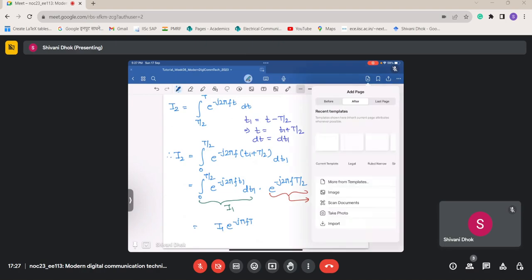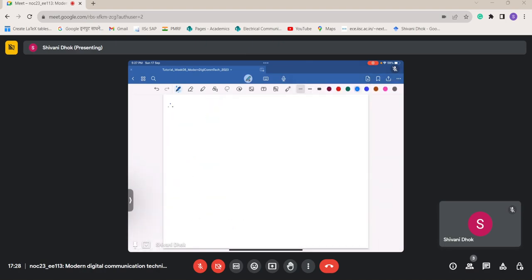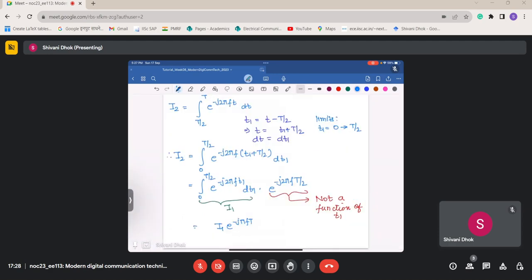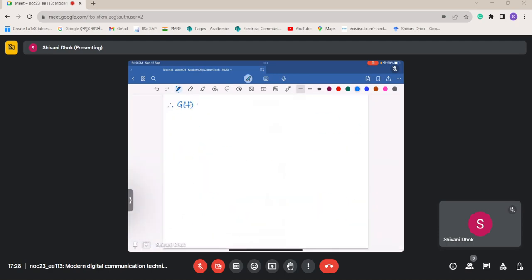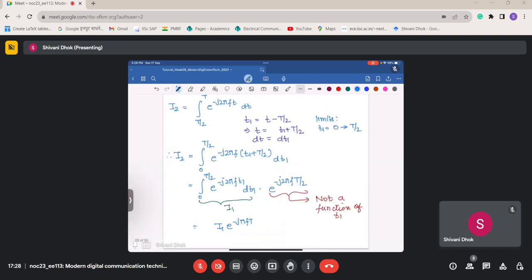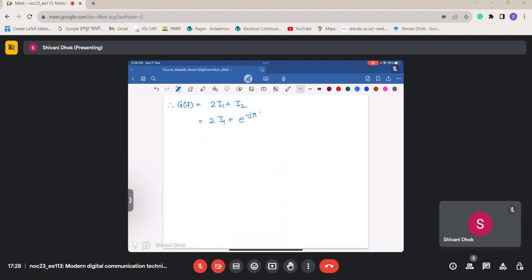Okay, so what we have is this G of f is equal to 2 times I1 plus I2, which comes out to be 2 times I1 plus e power minus j pi f T times I1, that is 2 plus e power minus j pi f capital T times I1.